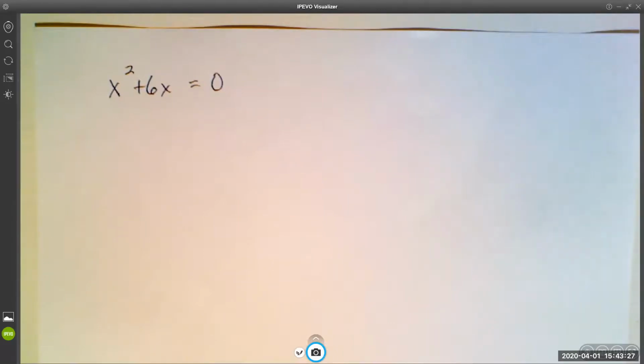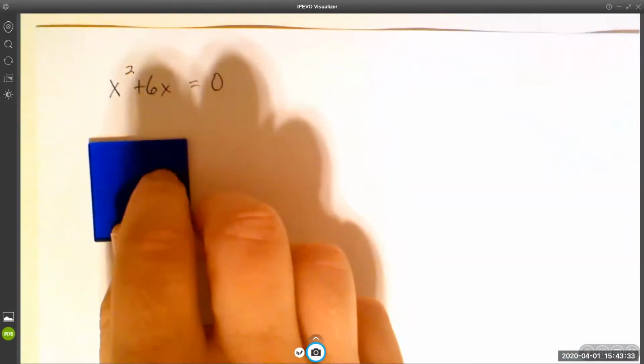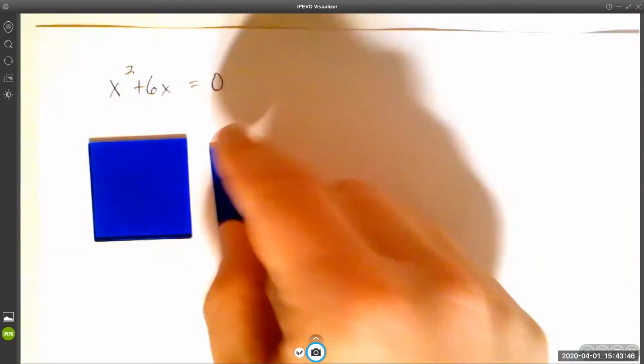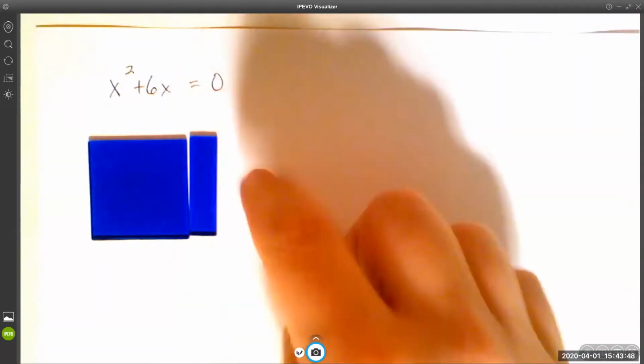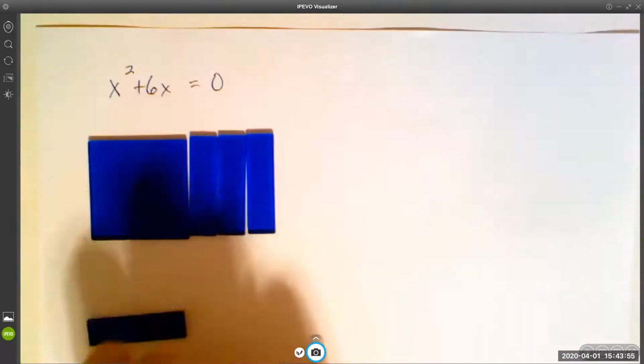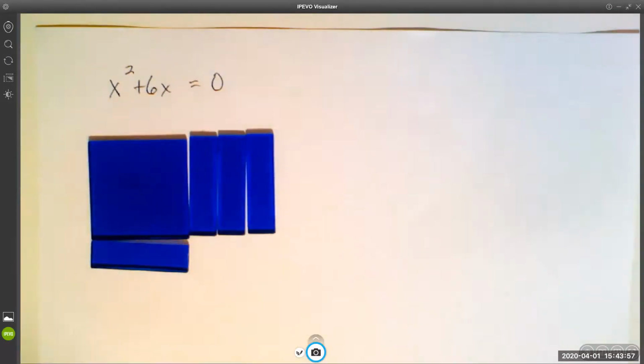Okay, here's my solution. I'm going to start off giving myself an x squared, and then I need 6 x's. I'm going to arrange half of them over here to the right of my x squared, and I'm going to arrange the other half of them on the bottom of my x squared.